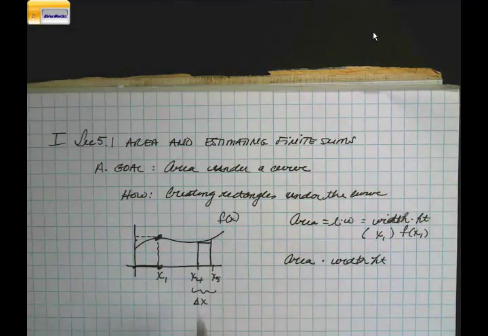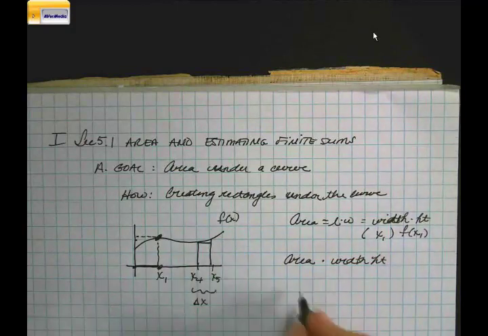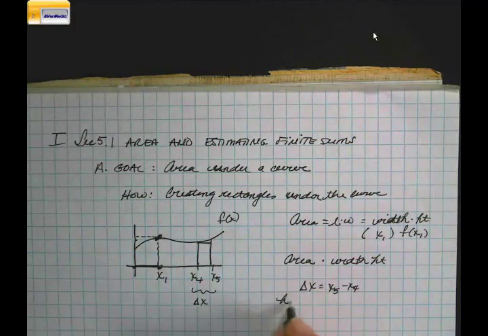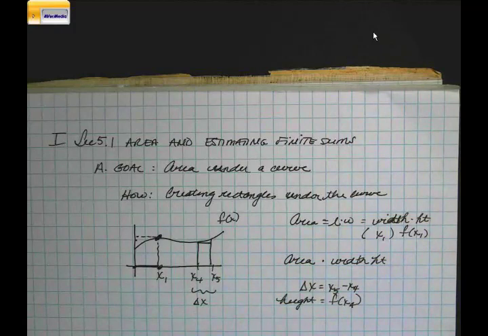This width, which we often refer to as delta x, is x sub 5 minus x sub 4. And if you choose the height at x sub 4, then your height is f of x sub 4. You will have the choice as to which height you use.